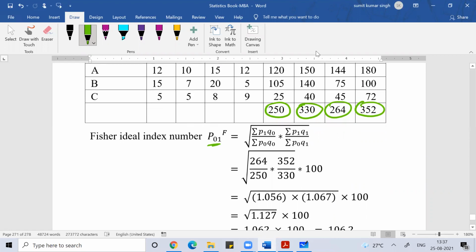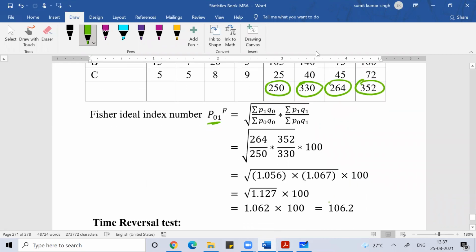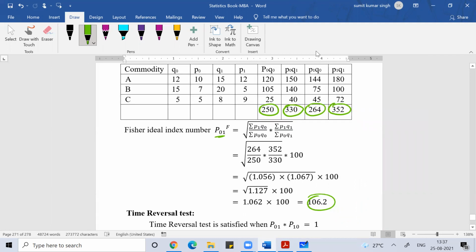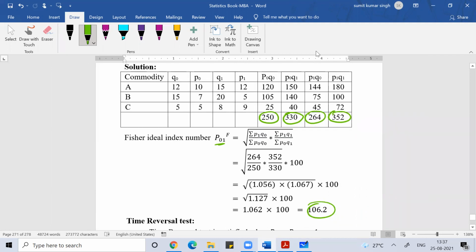The Fisher ideal index number that you will get is around 106.2. Anyone, any confusion, any doubt? Everyone getting this?